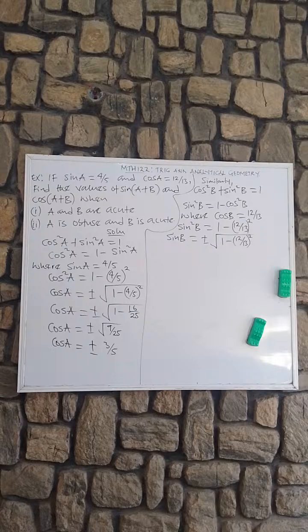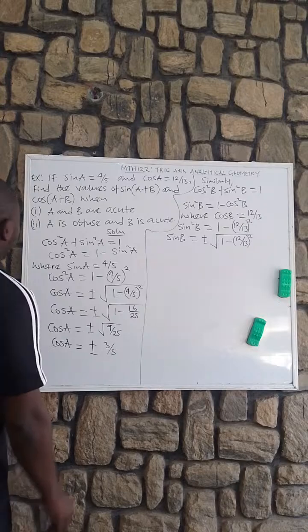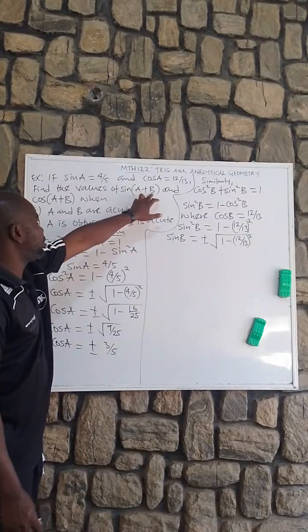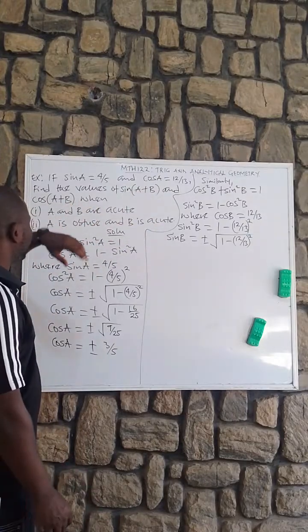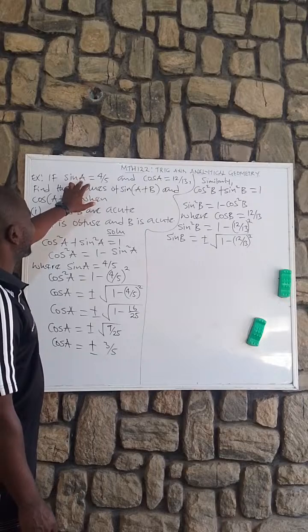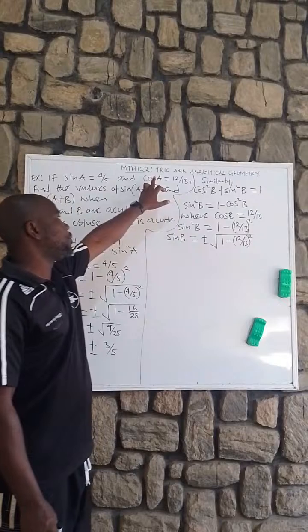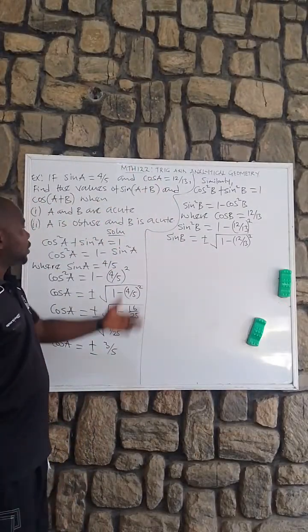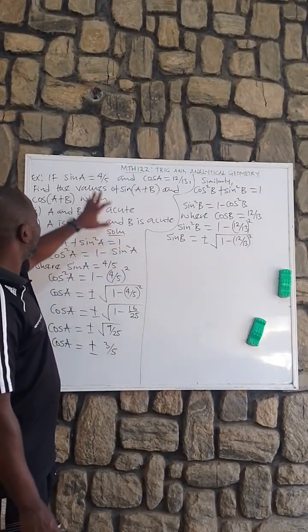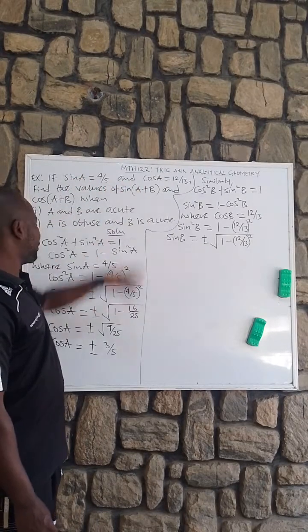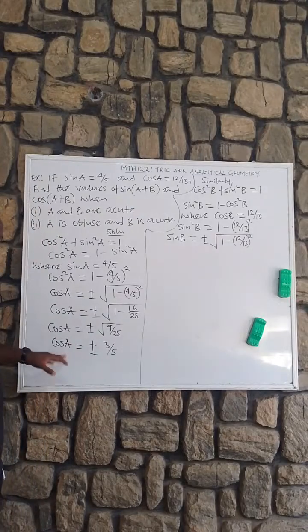Look at it now, the first solving, we are looking at this: sine A plus B, cos A plus B. So even if here they turn into B, you must come back. After looking for B, then you turn it to A and look for it.